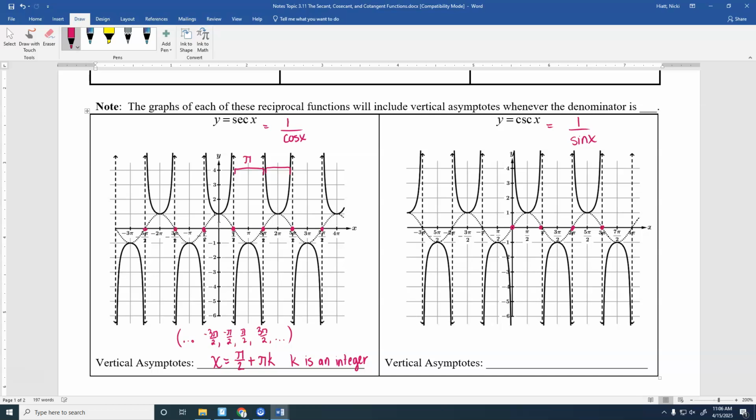If you see a multiple choice question, I think you're more likely to see that than to see it listed out. Okay, so if we look at the vertical asymptotes for cosecant, and I want to do those the same way, what could I do for that?